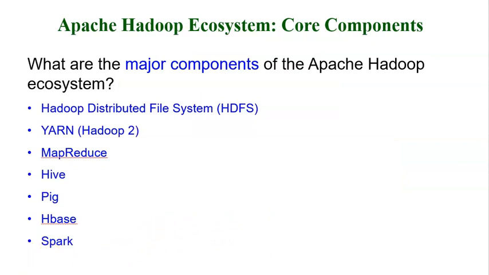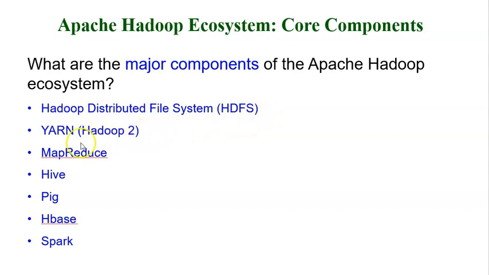This is a very short list of the major components of the Apache Hadoop ecosystem. We can consider them as some of the core components of the framework. The first one we already knew: it is the Hadoop Distributed File System, or HDFS.